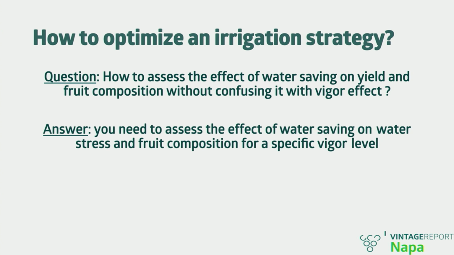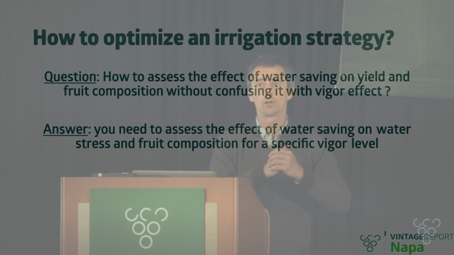So the answer to that question is to set aside a given level of vigor from being parameters in the equation and specifically look for the same level of vigor, how different levels of water status could impact yield and fruit composition, in a similar fashion to what Pierre has done in his work.